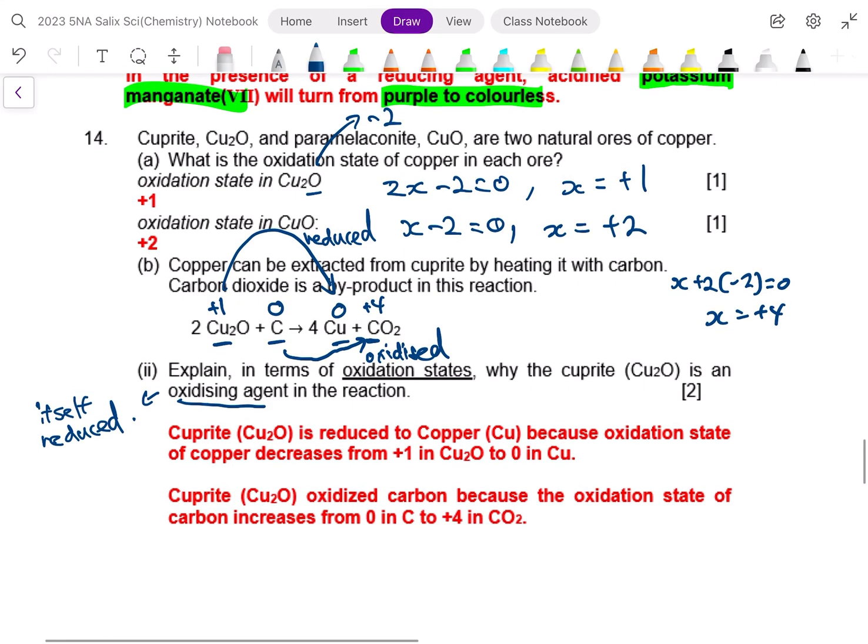So why is it an oxidizing agent? What we have is that cuprite is reduced to copper because the oxidation state of the copper drops from plus 1 in Cu2O to 0 in Cu.